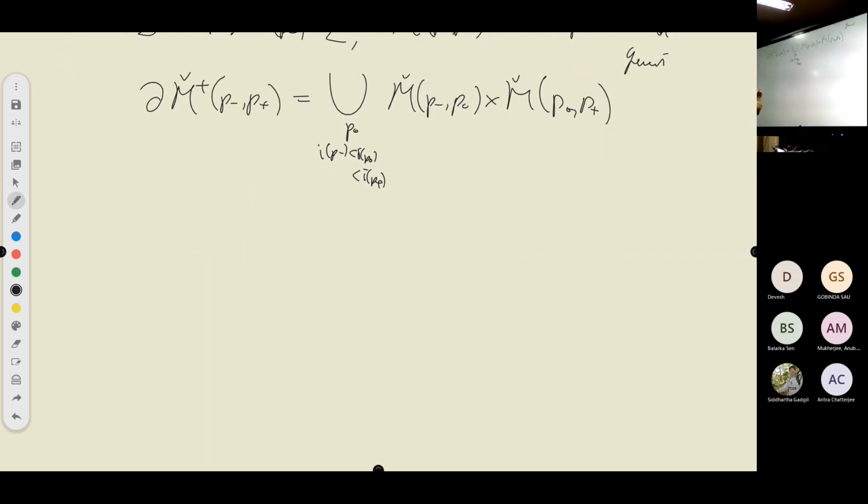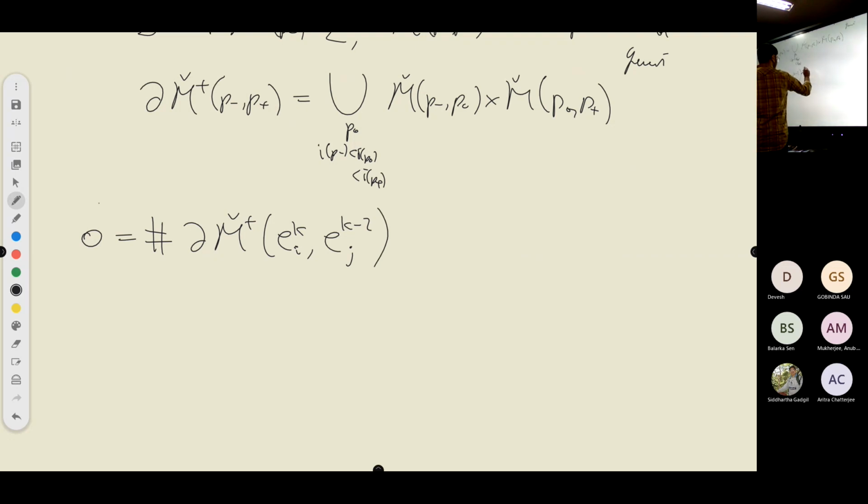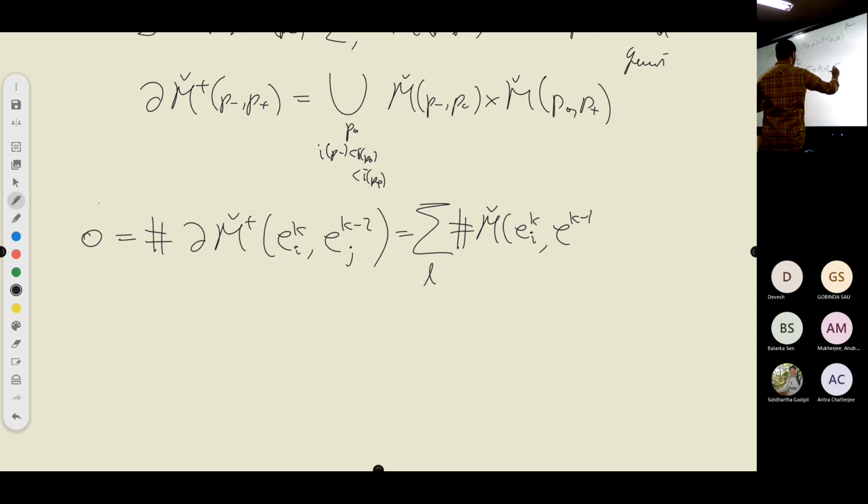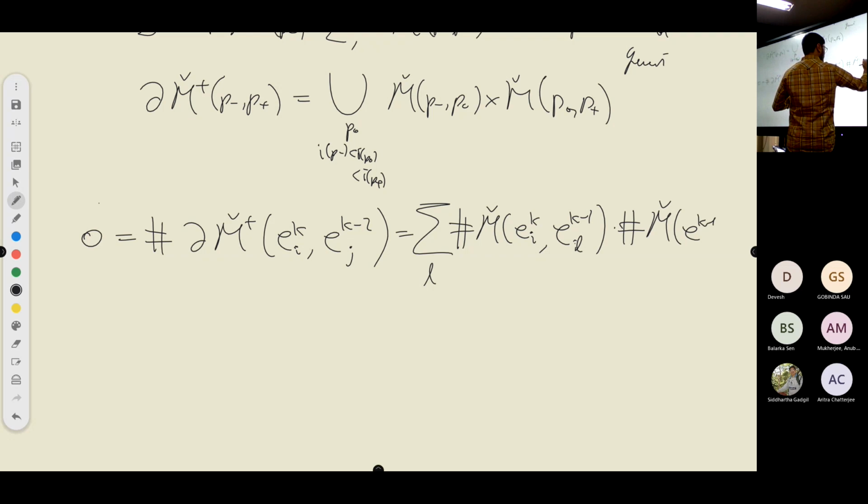So what this buys us is that this count is 0, but this count from this gluing thing is just d squared check.